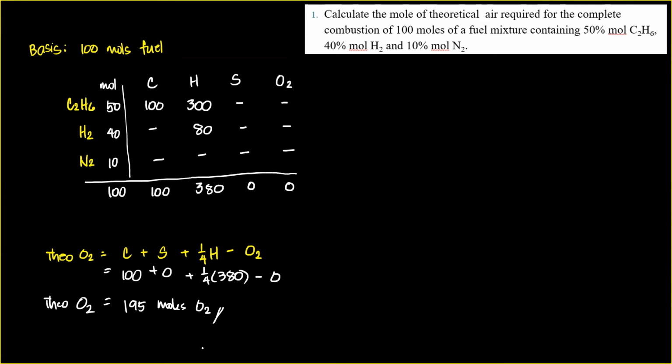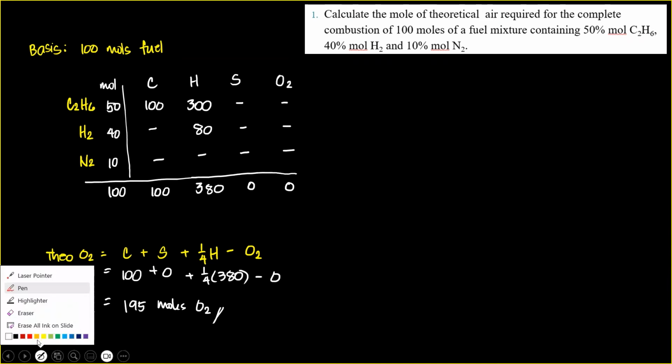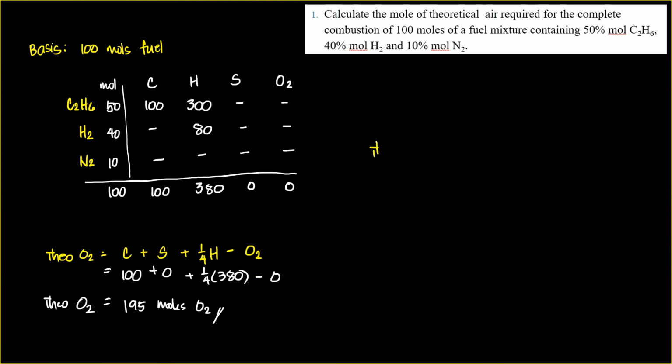So what's being asked is not the theoretical moles of oxygen, but the theoretical air. So in order to solve for theoretical air, it's basically the theoretical O2, and then you know that 21% out of the 100% air is just oxygen.